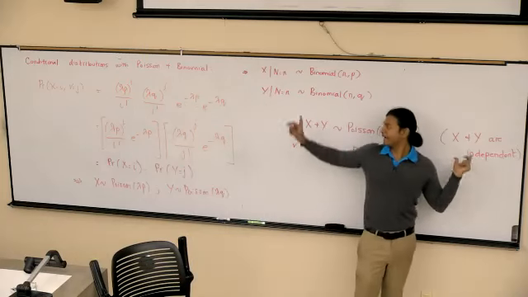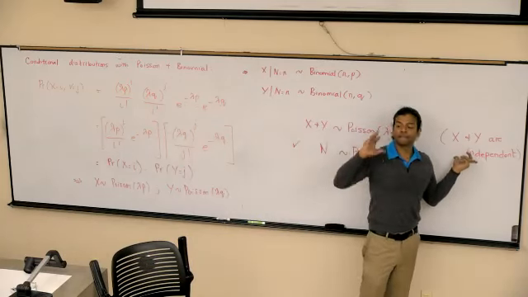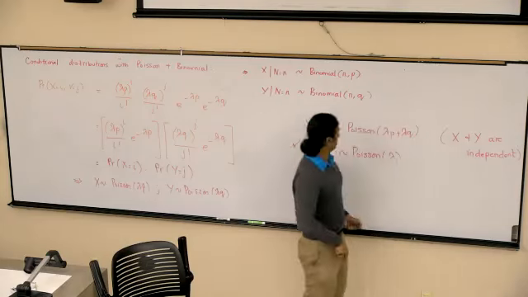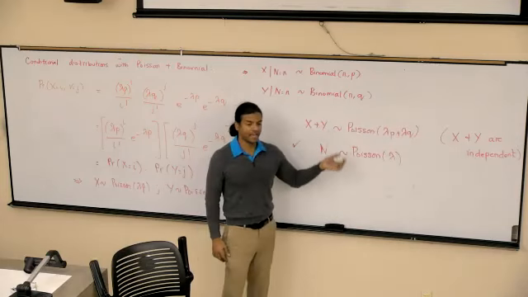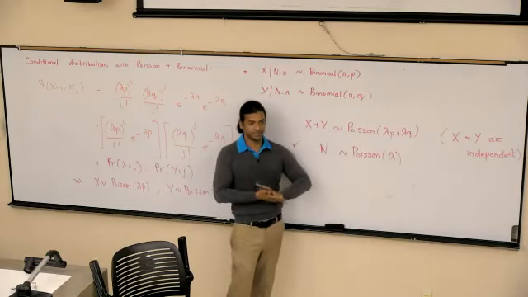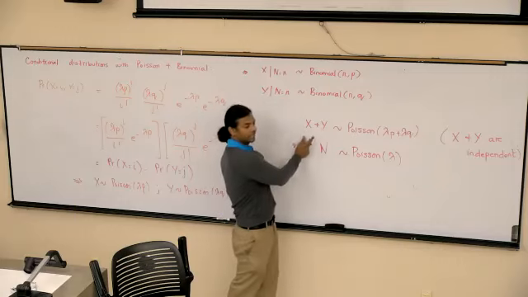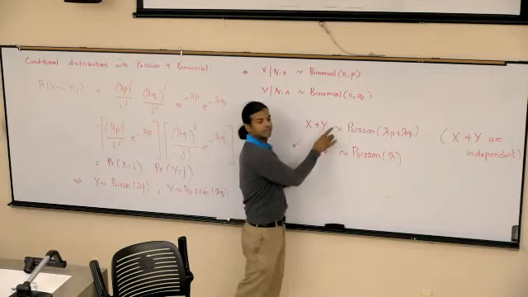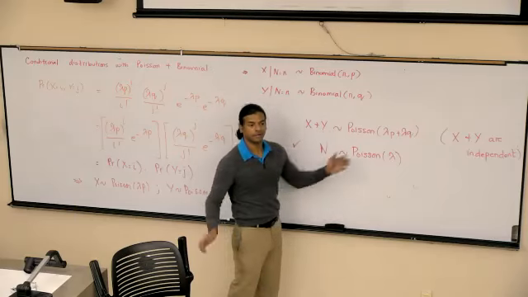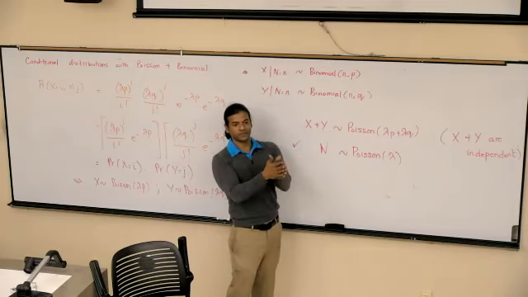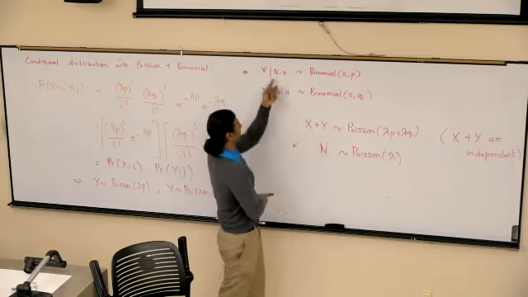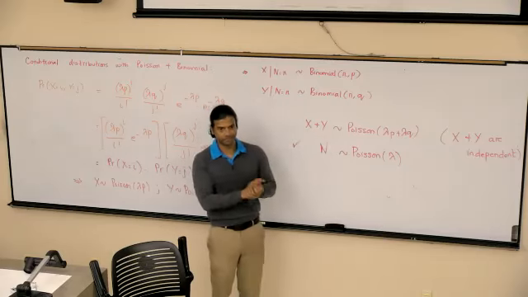We will have x and y end up being independent, and each of them would have a Poisson distribution. So Poisson lambda p, Poisson lambda q. Good. Put them together, Poisson lambda. Condition on n, binomial. Good.